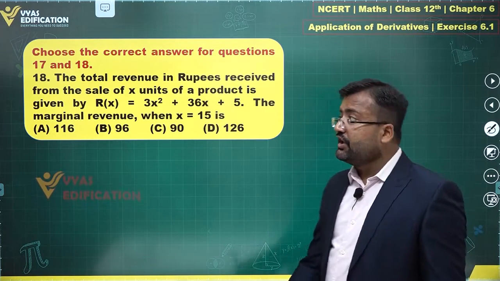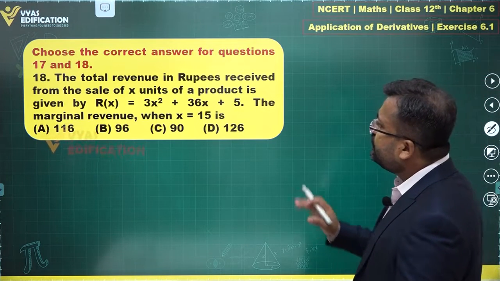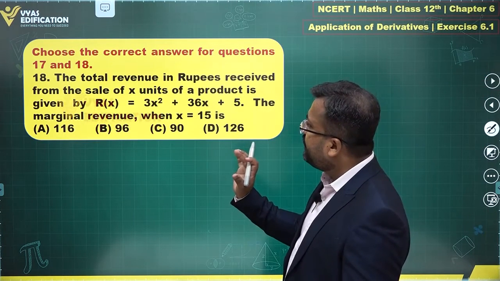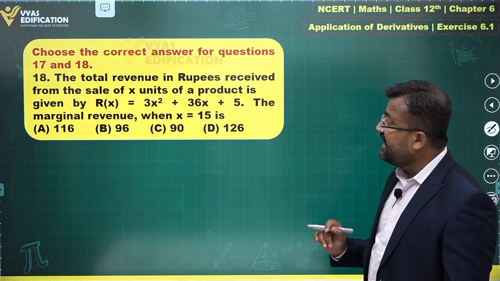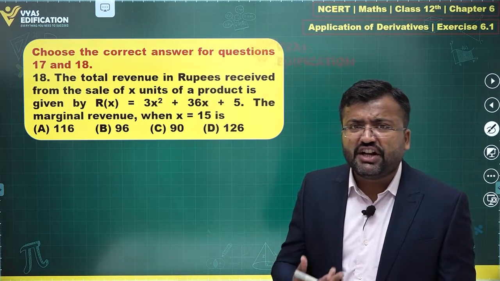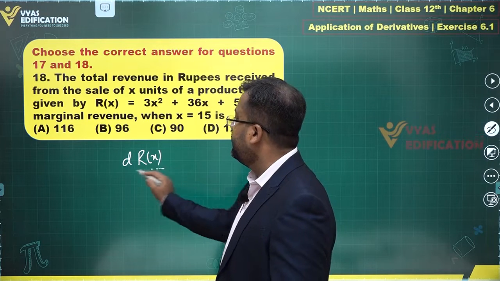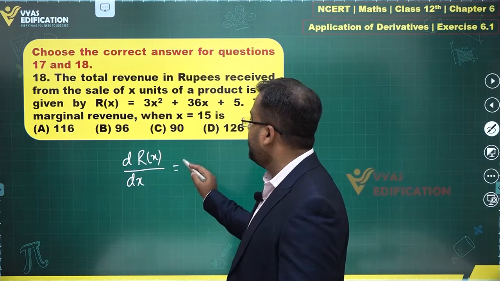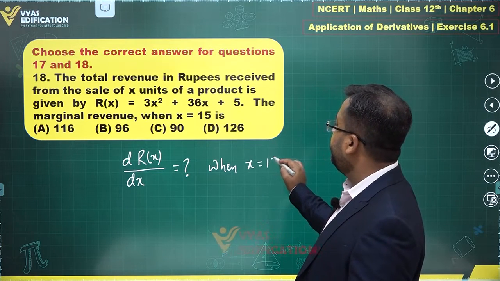The 18th question is an objective one, and the question says that the total revenue in rupees received from the sale of x units of a product is given by R(x) equals this. We want the marginal revenue when x equals 15. So R(x) is given, and the derivative with respect to x is what we are interested in when x equals 15.